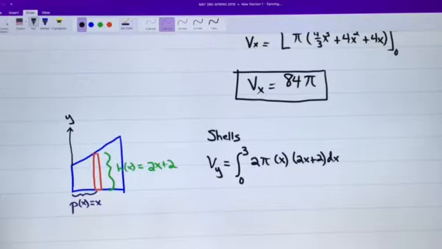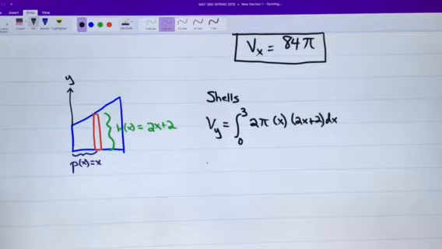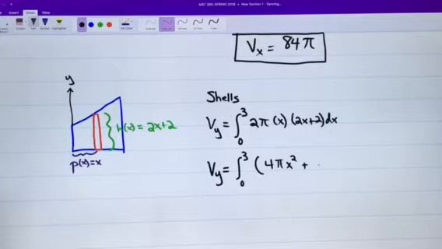And in following through, taking the product, I have 4 pi x squared plus 4 pi x dx.